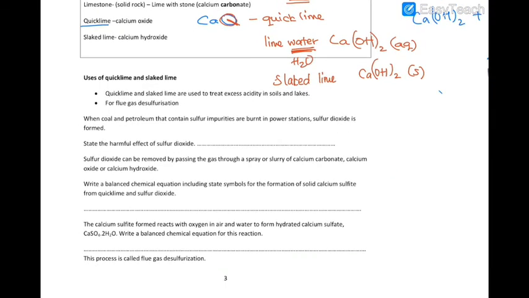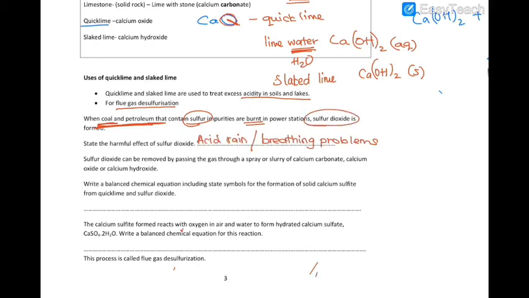Right. Now, quicklime and slaked lime are used to treat excess acidity in soil, and they are used for flue gas desulfurization. Now, when you have coal and petroleum, these normally contain sulfur impurities, and when you're burning coal and petroleum, the sulfur is going to react with oxygen during the burning and is going to produce sulfur dioxide, which is dangerous.